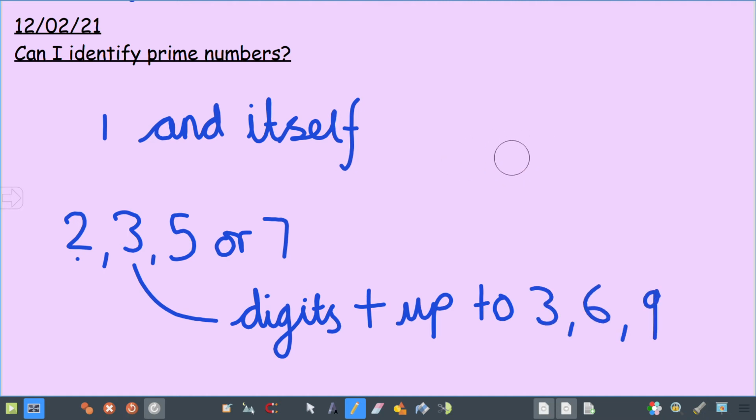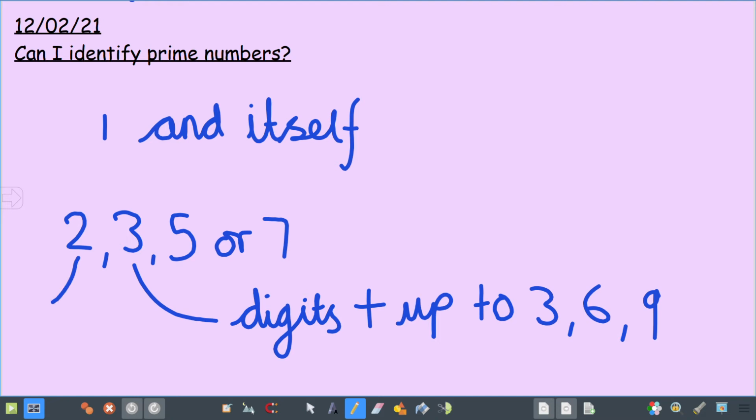Okay, so if I gave you the number 51, I don't know if that's in my 3 times tables, but 5 add 1 equals 6, so it is a multiple of 3. So use that strategy, add up the digits, do they add up to 3, 6 or 9, okay?